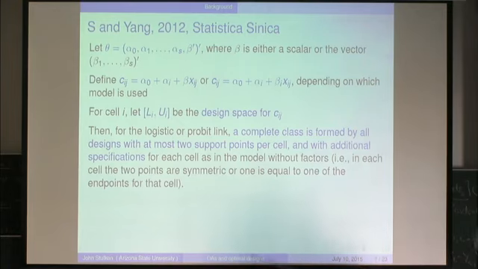So then, for the logistic or probit link, what you can show is that a complete class is formed by all the designs with at most 2 support points per cell, and with additional specification of the same type as I showed you earlier when I just looked at the model for 2 parameters. So you can specify that one of the points is the endpoint of the design region for that particular cell.